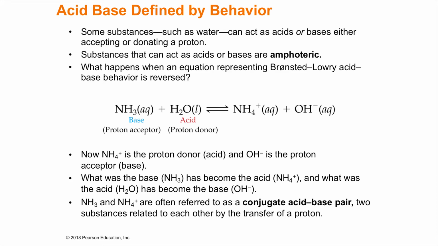All right, so NH3 is the proton acceptor, H2O is the proton donor, and we can make a similar designation, right? I will just label this conjugate acid and conjugate base on the right side. And really, this could also be a proton donor.